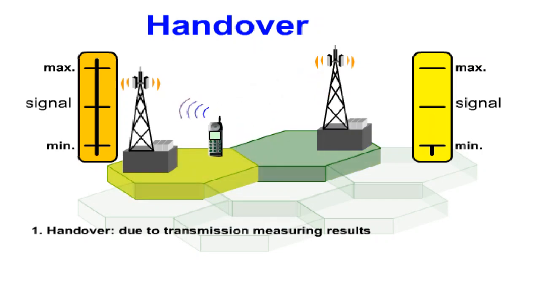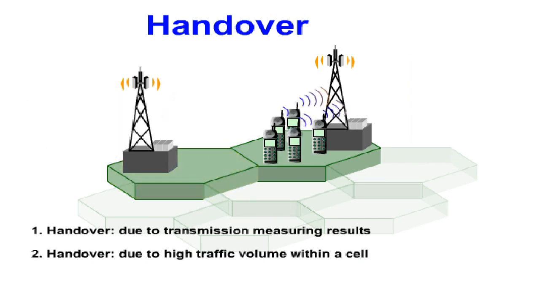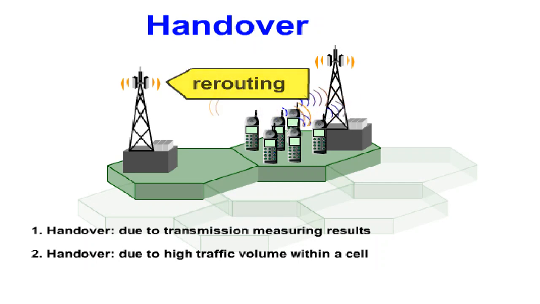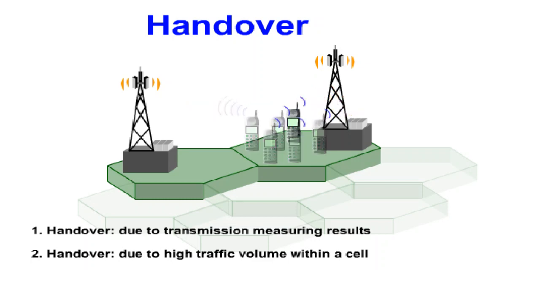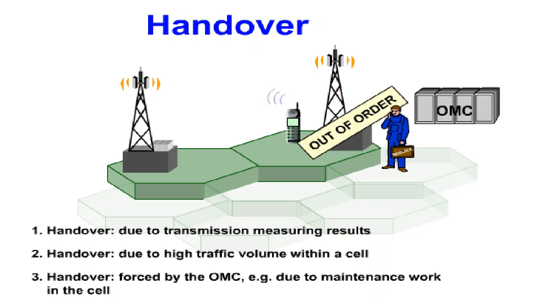A handover due to high traffic volume within the cell occurs when the capacity of the cell is exhausted, and the call is transferred into a neighbouring cell which is less busy. When necessary, a handover can be forced by the OMC, due to maintenance work in the cell, for example. A distinction is made between various handover types. We'll look at them in more detail in the following lessons.